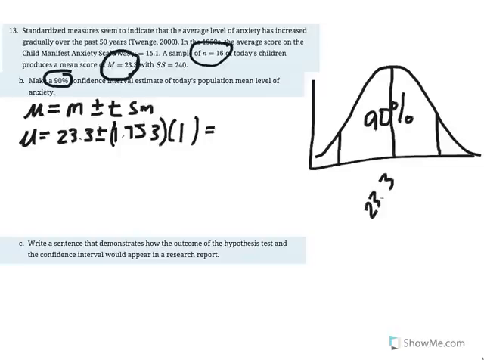And the first value we came up with was, I'm going to write it here, 25.035. And on the low end, again, because we're multiplying by 1, 23.3 minus 1.753, and we get 21.547.